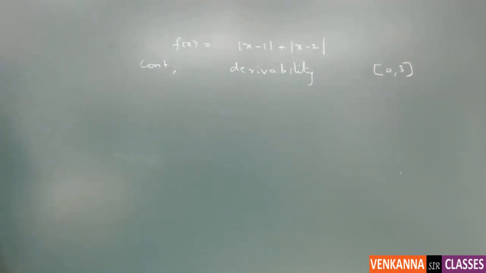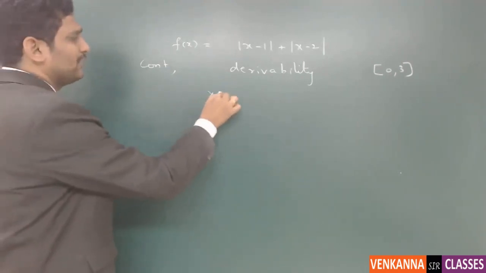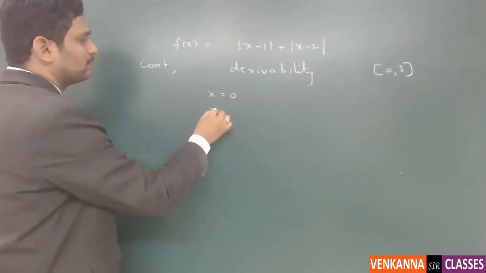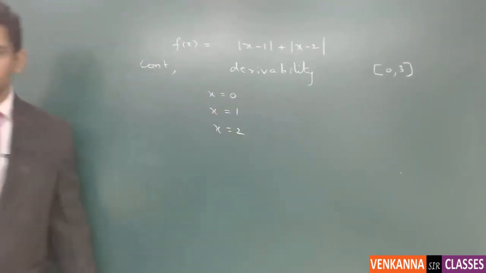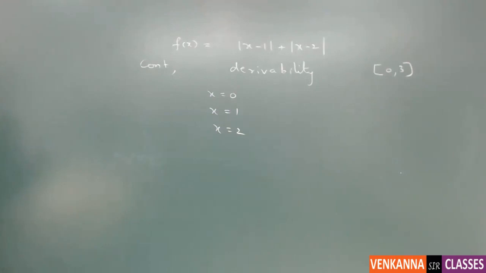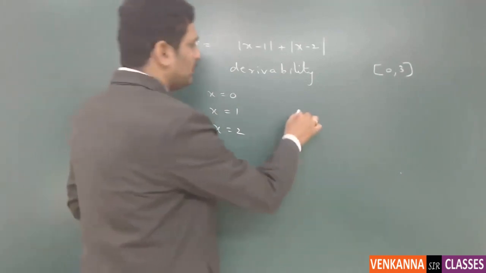Now let us bifurcate the function values here. So let us substitute the values x equal to 0, x equal to 1, and x equal to 2. What will be the corresponding function values here? So if you take x is equal to 1, f of x will be 1.